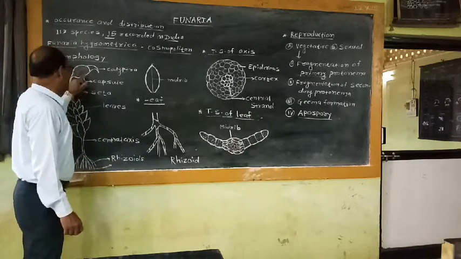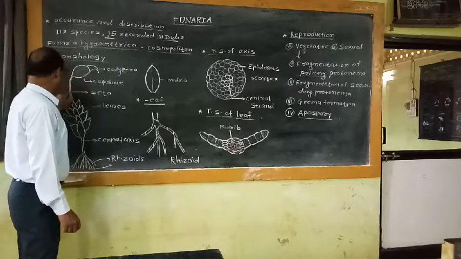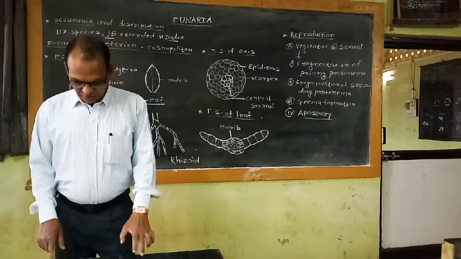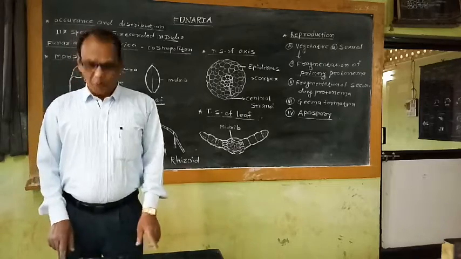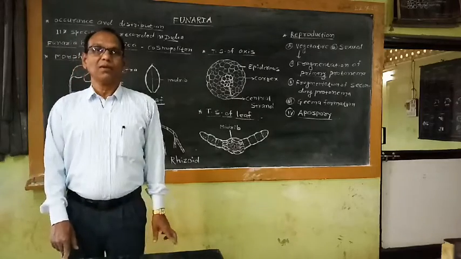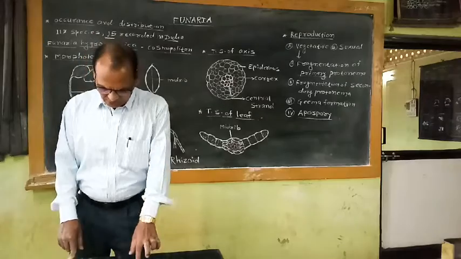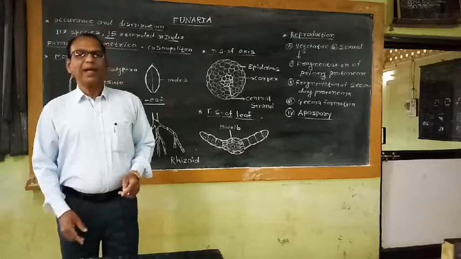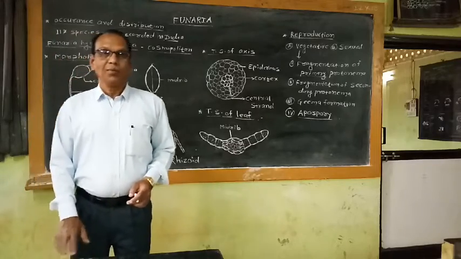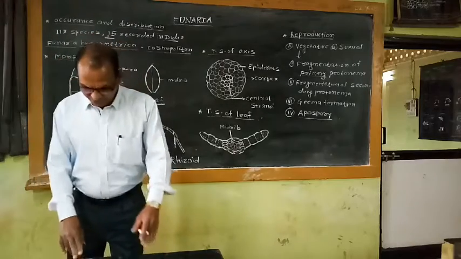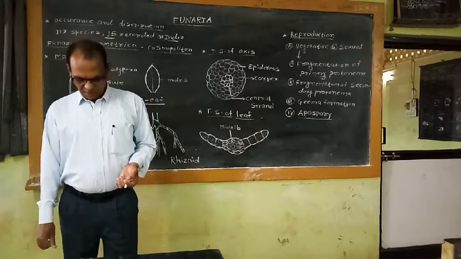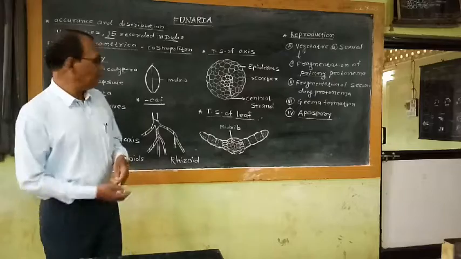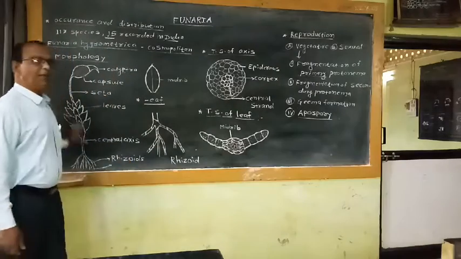So sterile cells or sterile tissues in the capsule as well as seta, due to development of wounds in these sterile region cells of the capsule as well as seta, protonema may be developed, and buds are developed in these protonema filaments, and from these buds the leafy gametophyte may be developed.